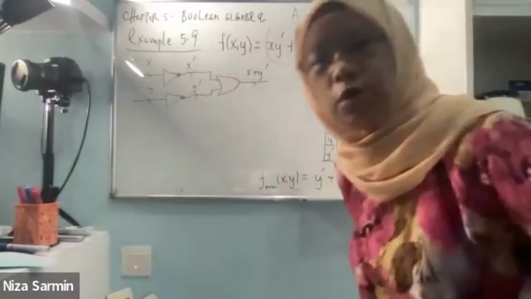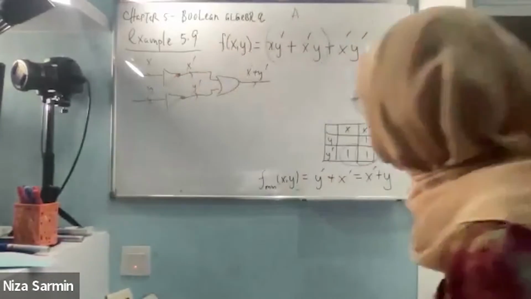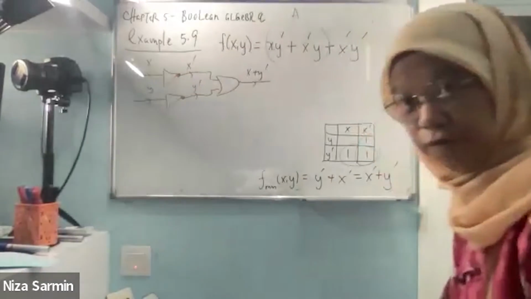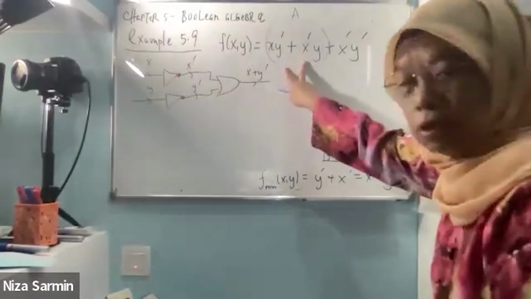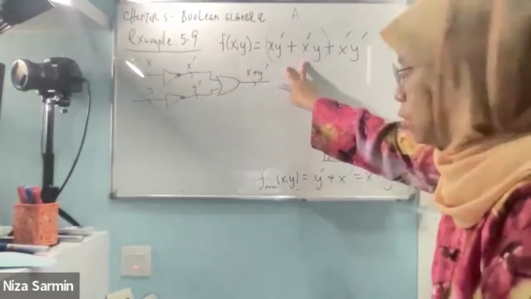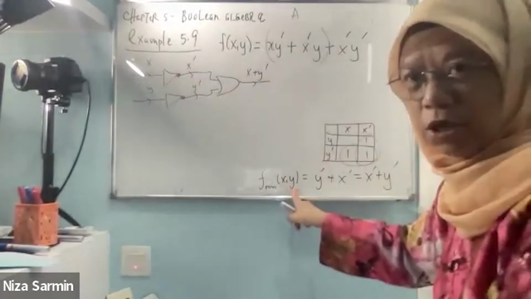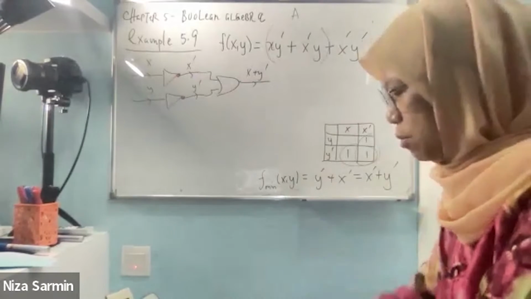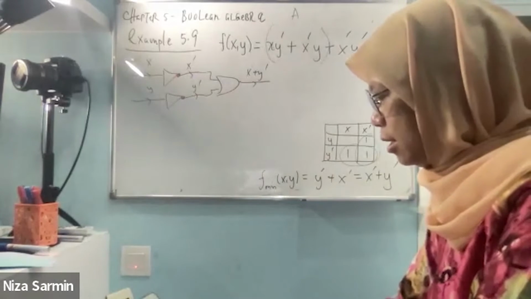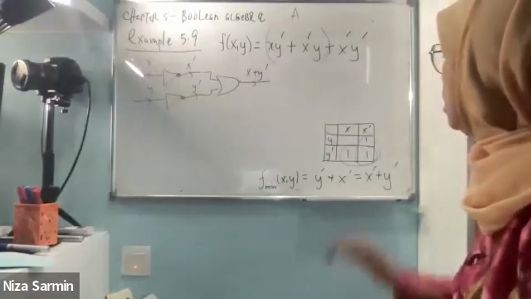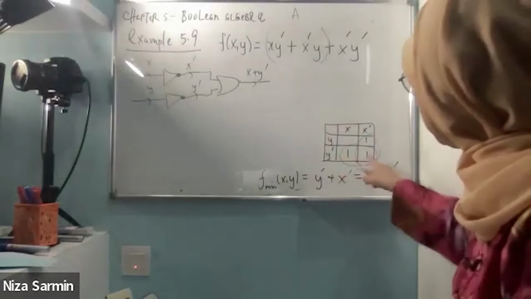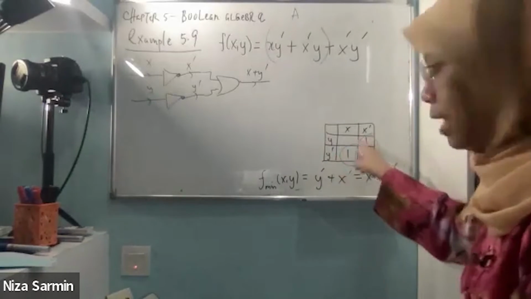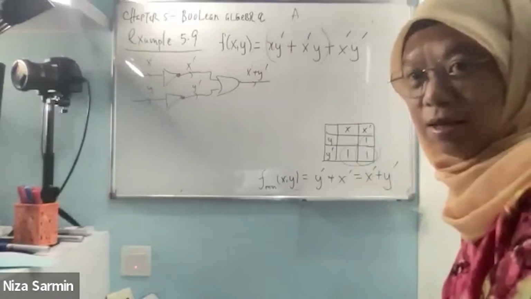Okay, now the next one is how do you prove from here using the property to get the minimum? Okay, just now we used the Karnaugh map, we get the minimum. How do you use the property? This is why we have this to help us, because the one intersect is the one we need to add.